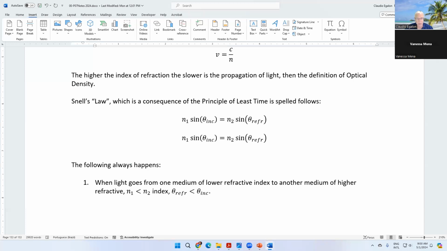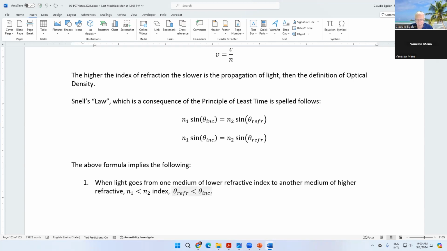The above formula implies the following.